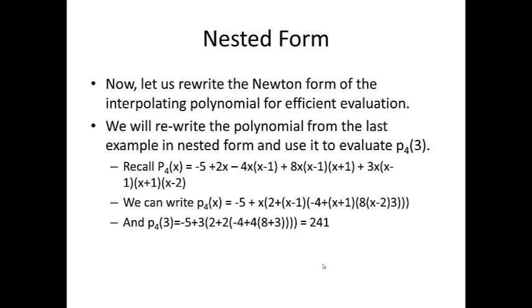So you'll recall that p4 of x is equal to minus 5 plus 2x minus 4x times x minus 1 plus 8x times x minus 1 times x plus 1 plus 3x times x minus 1 times x plus 1 times x minus 2. We can rewrite that in a nested form, similar to what we did in section 1.1. And then we can actually go about evaluating that using nested multiplication, and we get a result of 241.